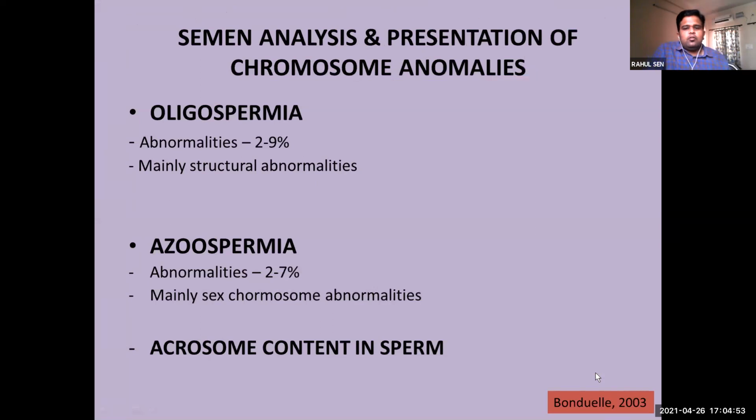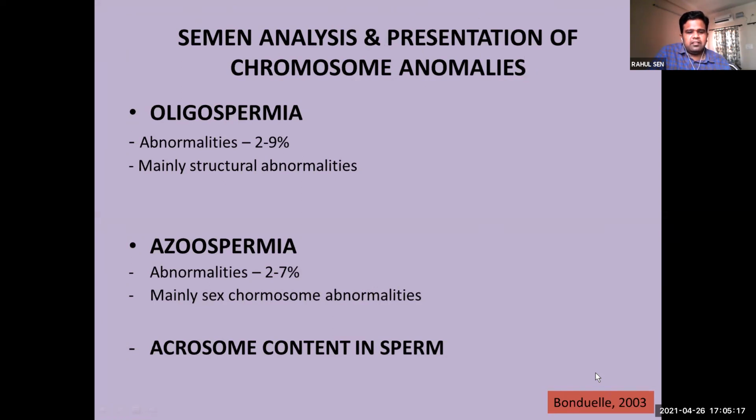There is a role of semen analysis in the presentation of chromosomal anomalies. If the semen analysis report shows oligospermia, around 2 to 9% of these patients may or may not exhibit chromosomal anomalies.